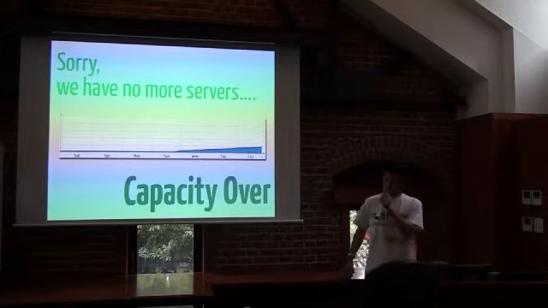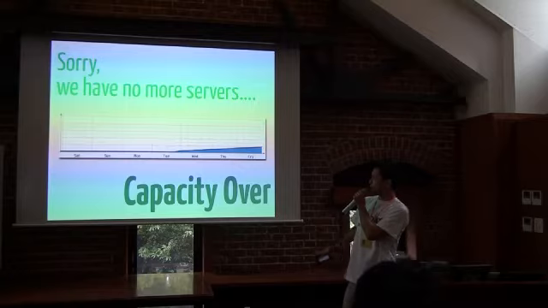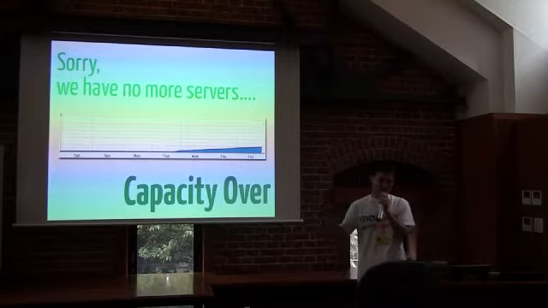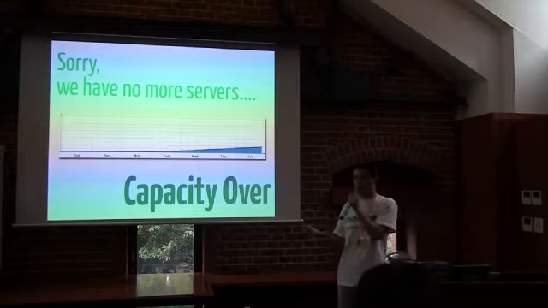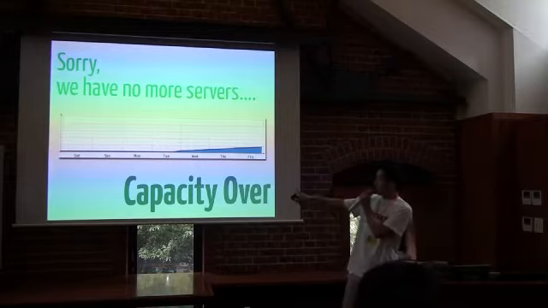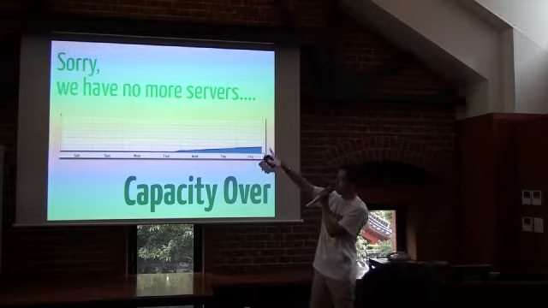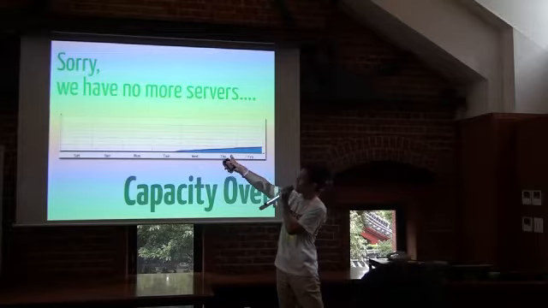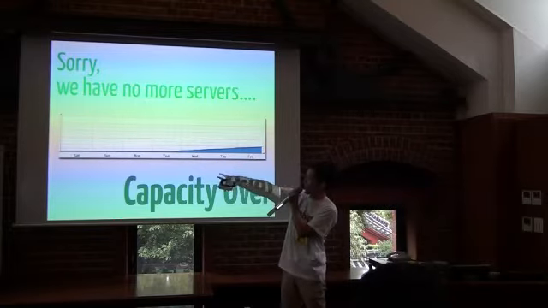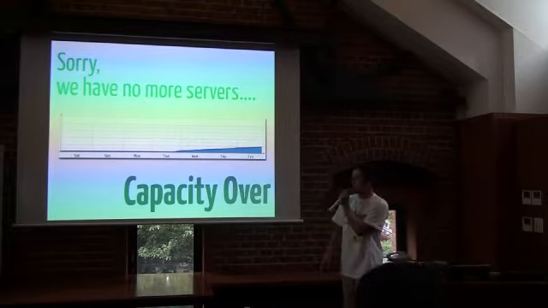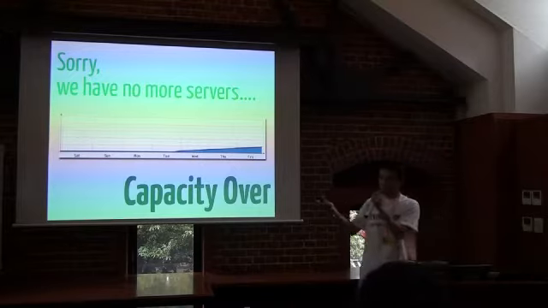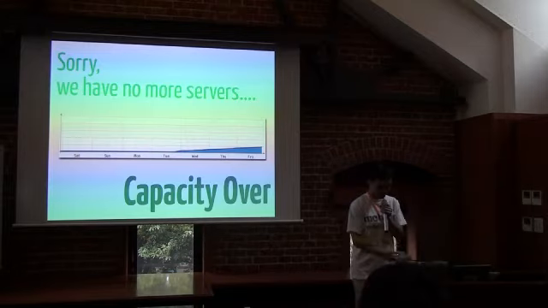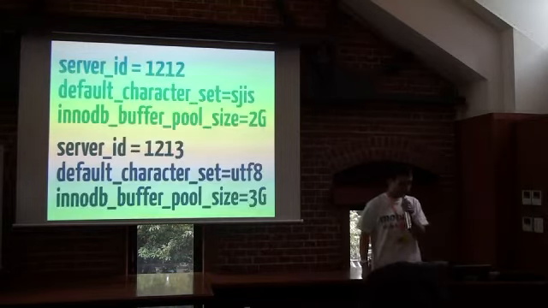Or another example: an operation engineer must manage capacity planning of servers. This graph means some KPI rose up sharply on Tuesday, but we have no more servers, then maybe this service will crash someday.